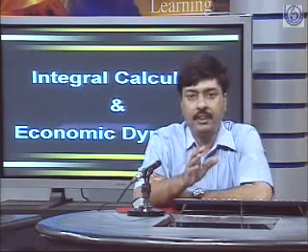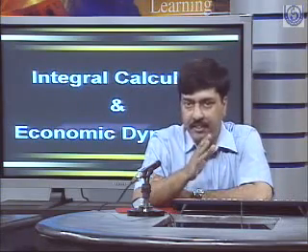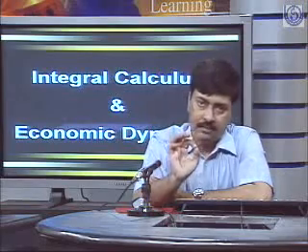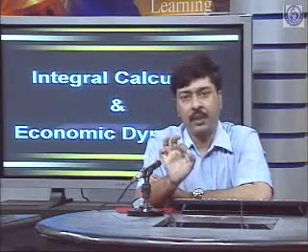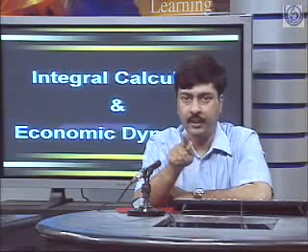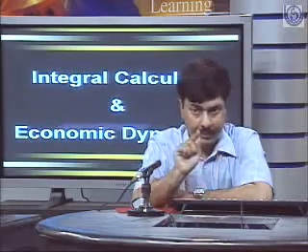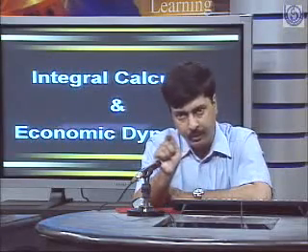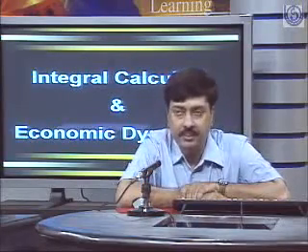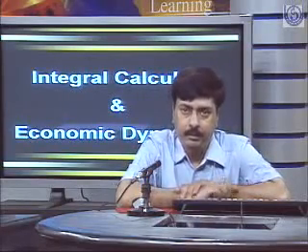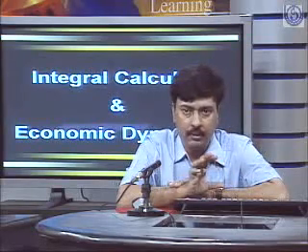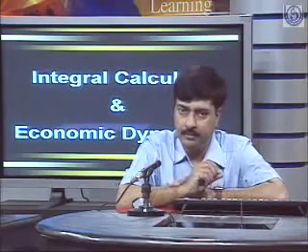Now you have seen, when you have a demand curve, say at a quantity X on the horizontal axis, the price is P. So from the horizontal axis, draw a vertical line till the demand curve, and from that point draw a horizontal line till the Y axis. Having done that, you get the total amount that the consumer has paid.